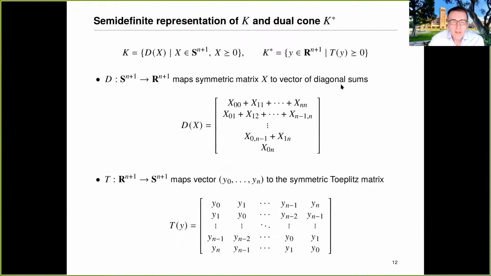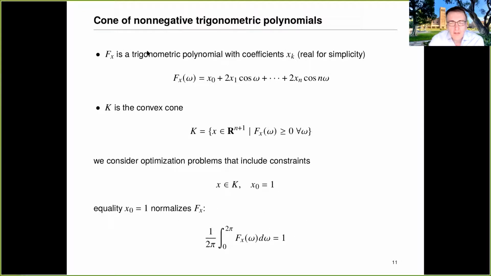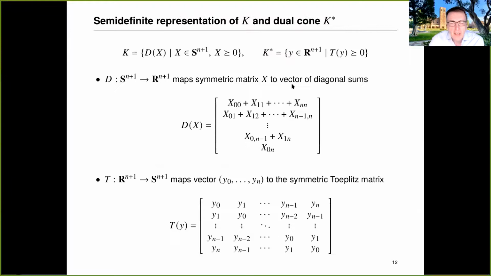has a semi-definite representation. That is the reason why semi-definite optimization problems arise in these applications. So the semi-definite representation is this. A polynomial has this property if the coefficients can be written as the diagonal sums of a positive semi-definite matrix.